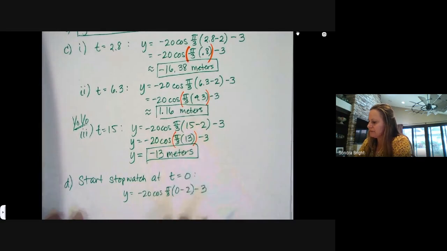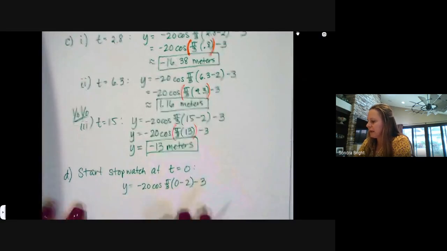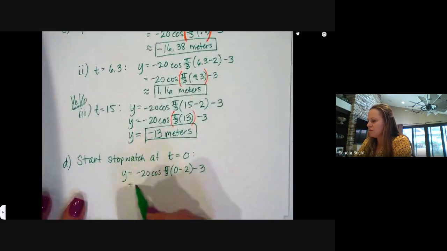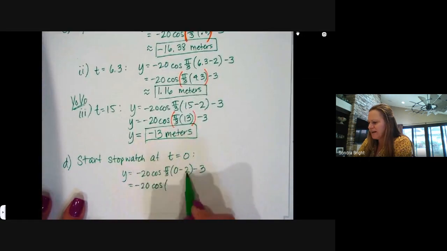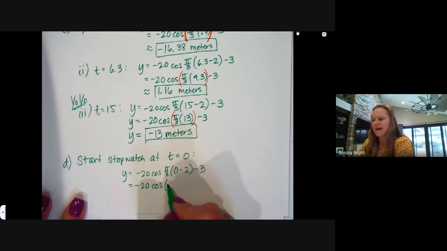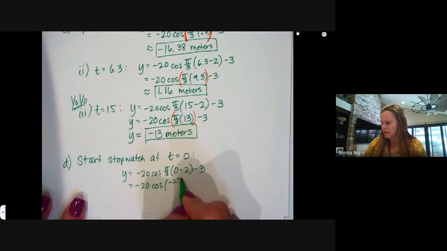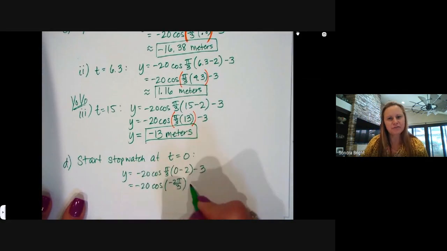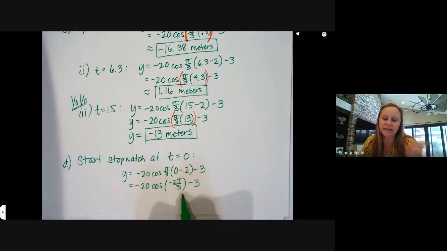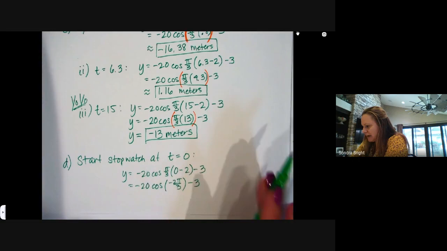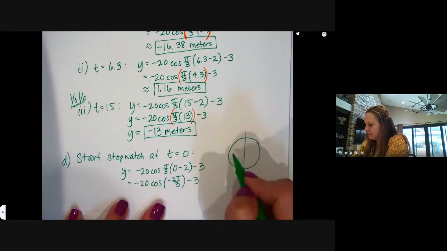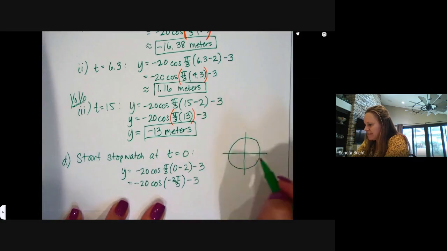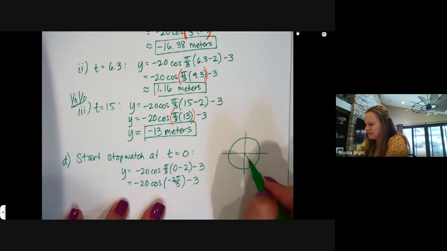And so that gives you -20 cosine of -2 times pi over 3. Guess what? That is a value you should know. You should know cosine of -2 pi over 3. Yes, you have your calculator, whatever, but this would be -1 pi over 3. This would be -2 pi over 3.